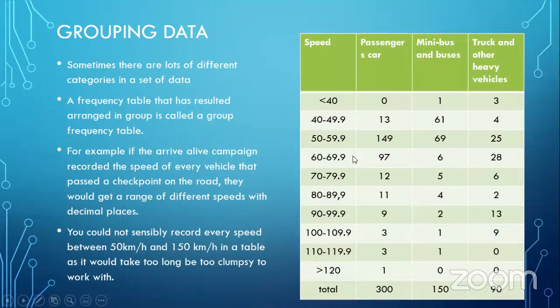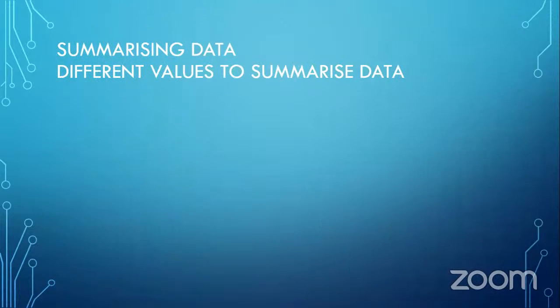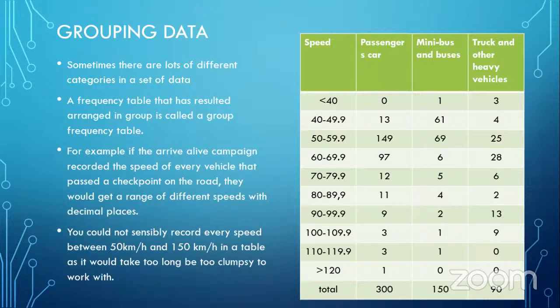We're not saying that they passed with exactly 50 or 59.9. It is in between the speeds. It can be 50 or 59, or in between 50 and 59.9 kilometers. Then we get the total 300, 150. You added up all the numbers there.